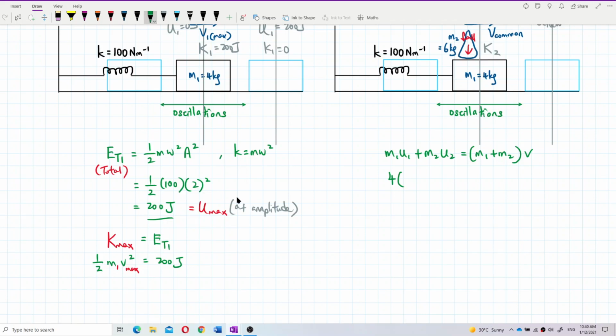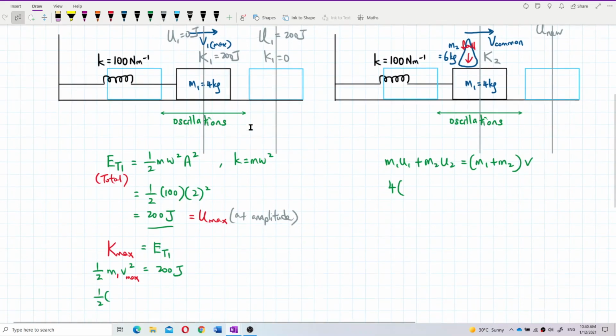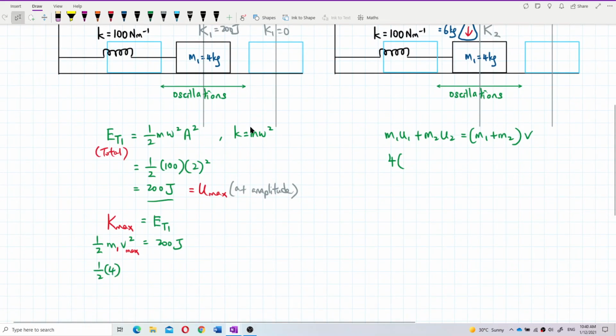All right, let's find out. So what is the mass 1? 4 kilogram, right? 4 kilogram. So V max, 200, okay, so cut it off, is 2.